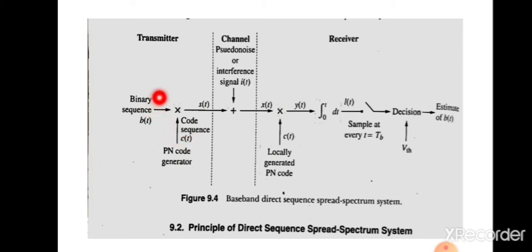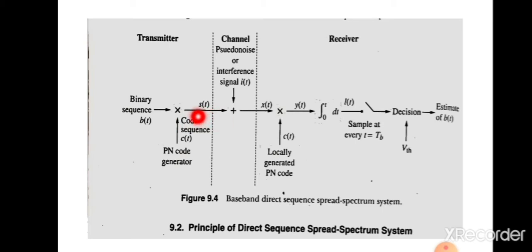The same encoding scheme is used for both B of t and the PN sequence. The binary sequence modulates the PN code sequence using a product modulator, represented by the cross symbol. The output of this modulator is S of t.